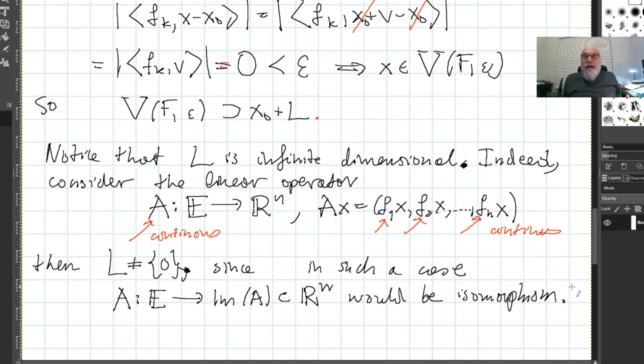By the open mapping theorem, the inverse of A, because A is injective, would imply that this is an isomorphism. So if this is an isomorphism, that means E is finite dimensional. Okay, so we have this.